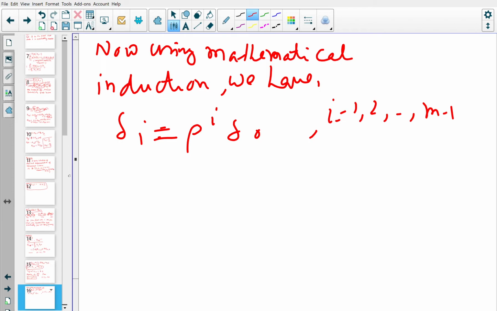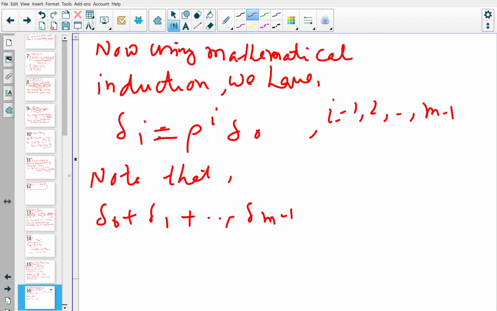Now what is the sum of delta_0, delta_1, up to delta_(M-1)? If you sum it up, what happens? Each delta is the difference between A_i and A_(i+1), right?